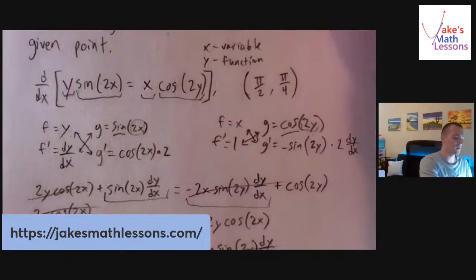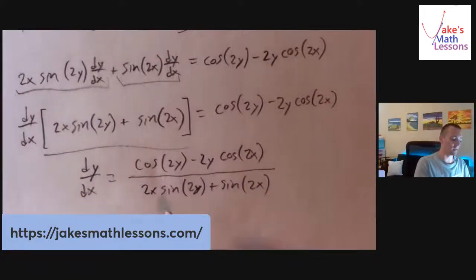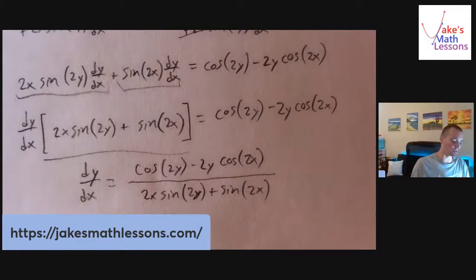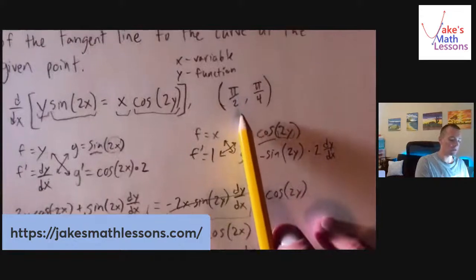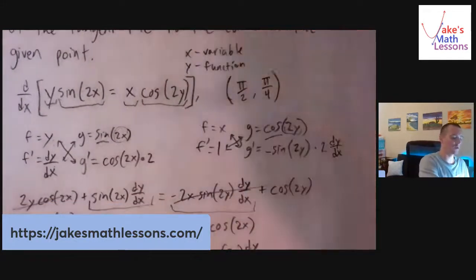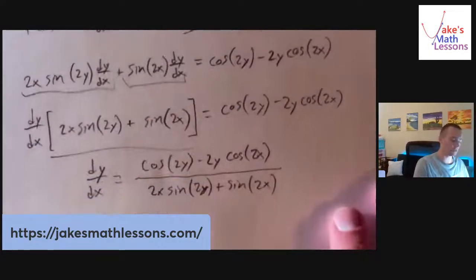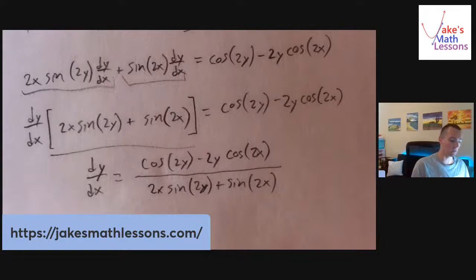Well, we also know, based on the fact that we just found this dy/dx, that this equation right here will tell us the slope of our function at any given x, y pair that we plug in. So basically, if we plug in pi over 2 for x and pi over 4 for y into this equation here, that'll tell us the slope of our function at the point that we care about, pi over 2, pi over 4.